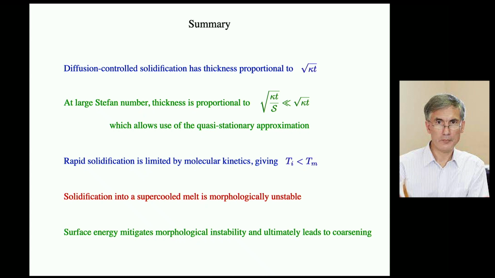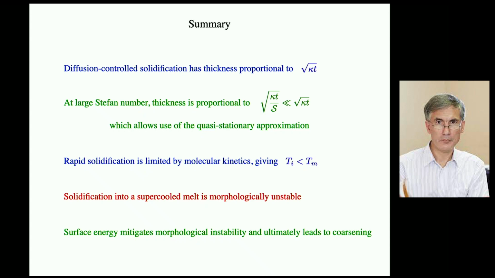What have we learned this morning? Firstly, that diffusion-controlled solidification has this characteristic length scale of the square root of kappa t. Actually, it's the square root of kappa t over S if the Stefan number is large, as it typically is. That allows us the use of the quasi-stationary approximation, which I'm going to make good use of in later lectures. We've seen that rapid solidification is limited by molecular kinetics.